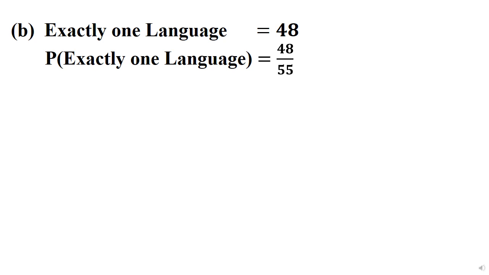This is the final answer because there is no common factor of 48 and 55 except 1. We don't have any number except 1 which can divide both 48 and 55.